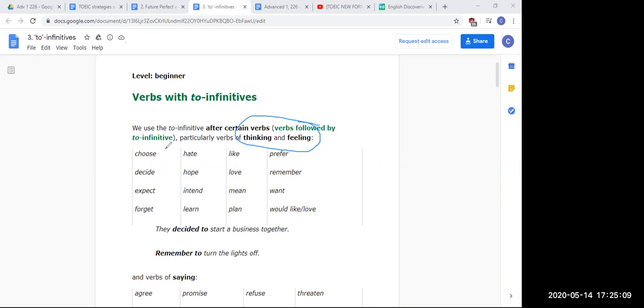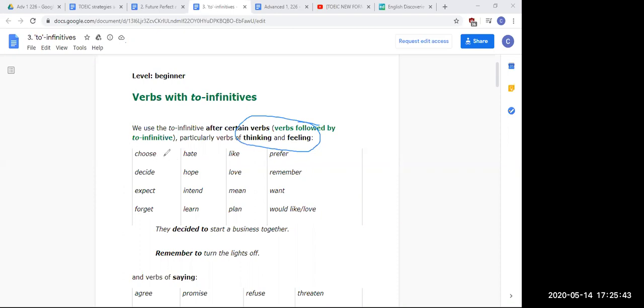So we have verbs like choose, decide, expect, forget, hate, hope, intend, learn, like, love, mean, plan, prefer, remember, want, and would like or would love. So these are all verbs of thinking and feeling, using our minds, using our brain, or using our hearts.